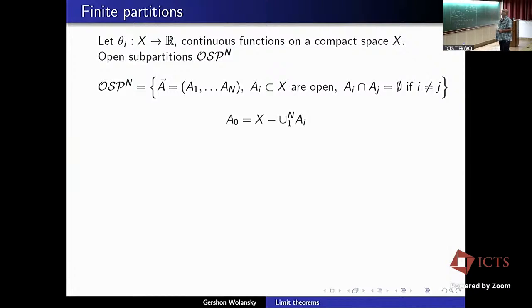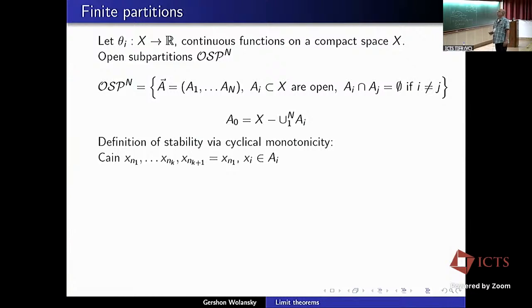The reward that you get is theta i of x, and theta i is a continuous function. So there are a finite number of them. And we can consider open partition. We split the space X into n open disjoint sets, A1 to An, and call A0 the complement of the union of the Ai. So the Ai are, remember, open and disjoint.